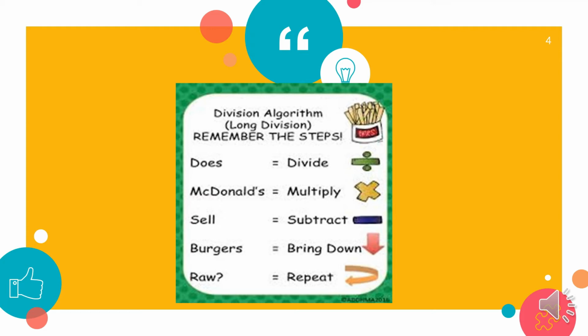McDonald's, we take the letter M, and it tells us to multiply as step number 2. Next we have sell, that begins with the letter S, that instructs us to subtract. Followed by burgers, letter B, we must bring down the next digit. Finally, we have raw, to repeat the procedure all over again.